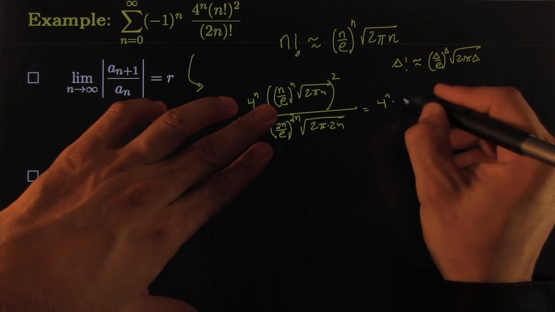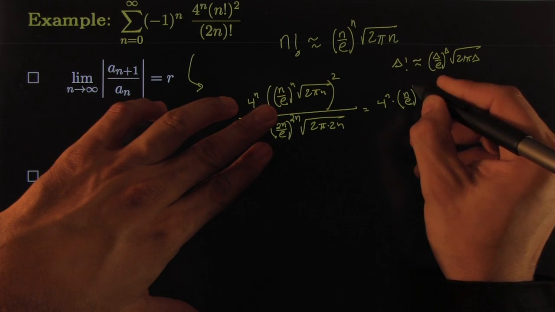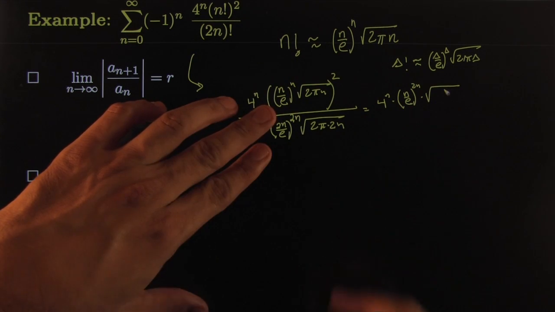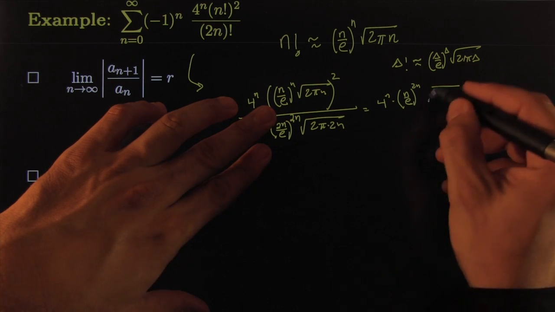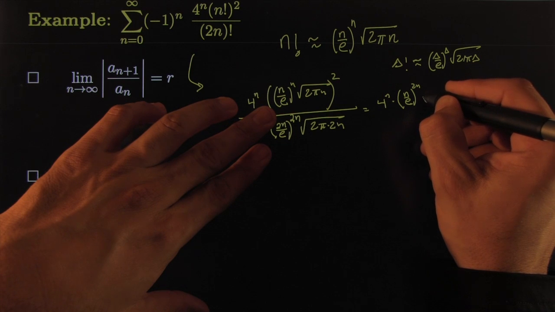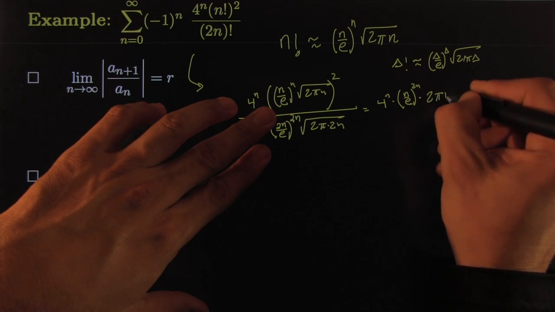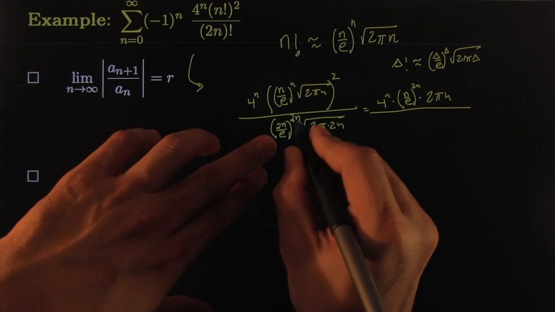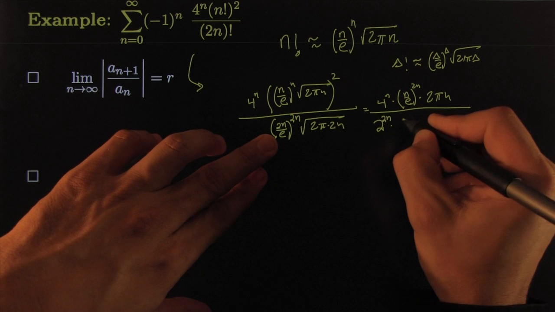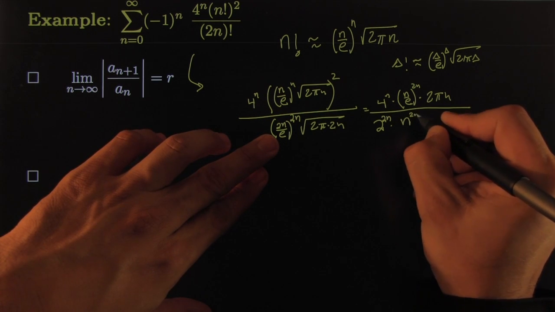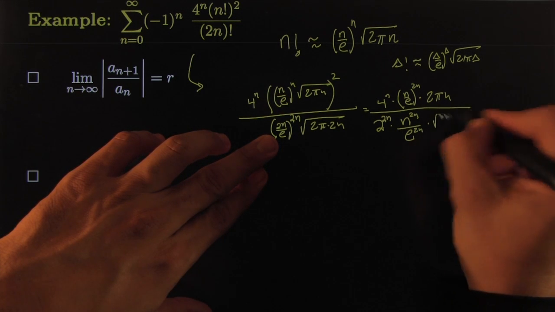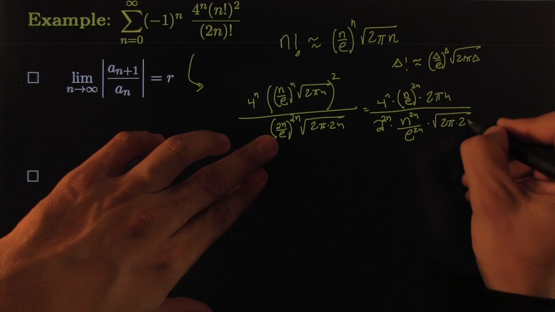I've got 2 of these here, so that becomes (n over e)^(2n), because 2 times n gives you 2n, times the square root of, oh no, there's no more square root, because I've got a square there, so the square of the square root would just give me 2 pi n, all that over 2 to the 2n times n to the 2n all over e to the 2n times the square root of 2 pi times 2n.